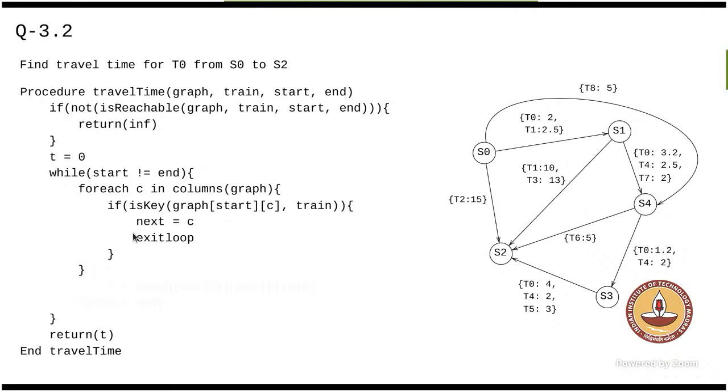Then you exit the loop. Once you find out which station is taking you to S1using T0, you stop. Now you know that start to next by using train is going to take 2 hours. That's what this thing is. And then you add it to the total time taken.